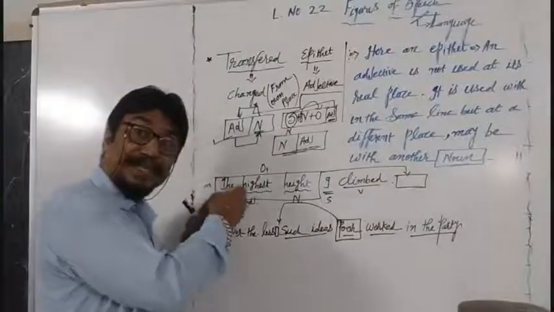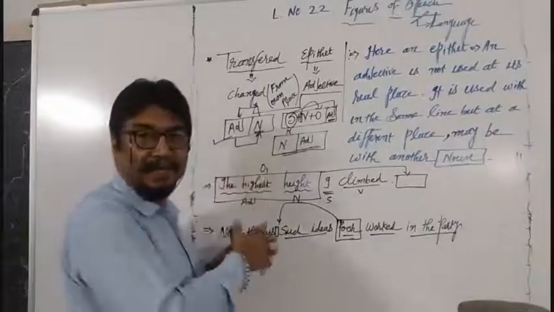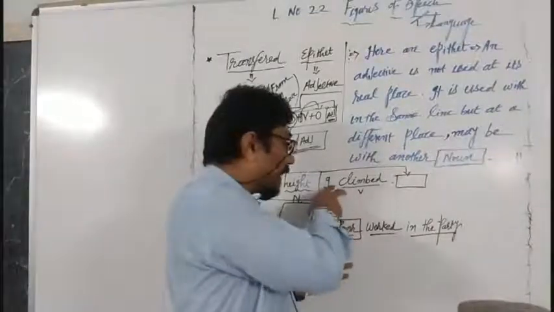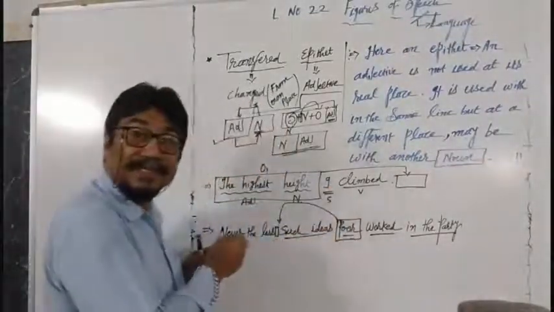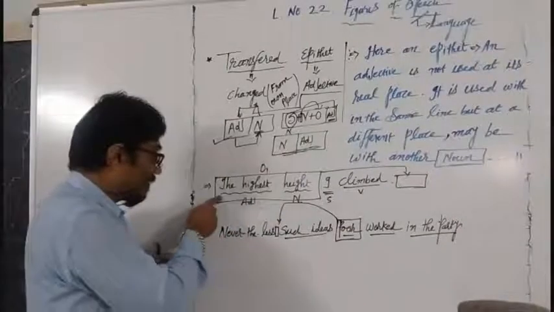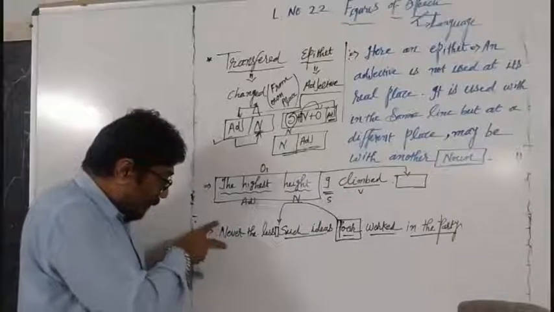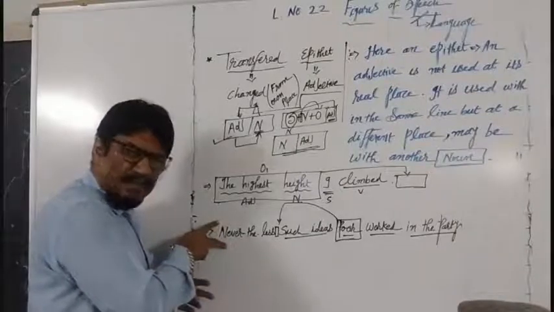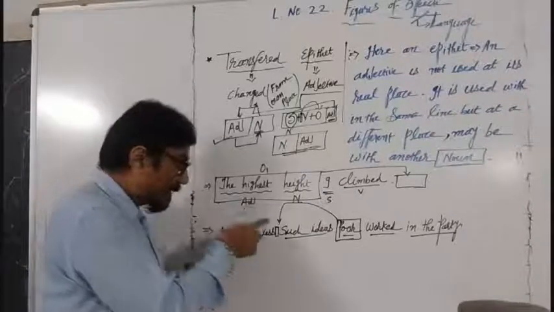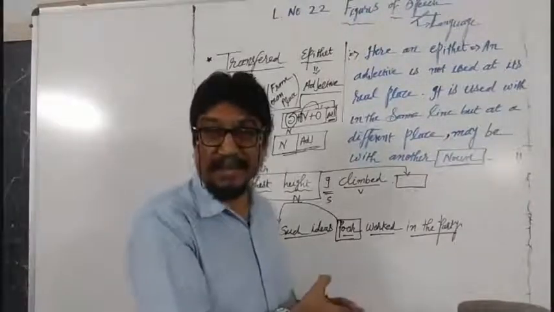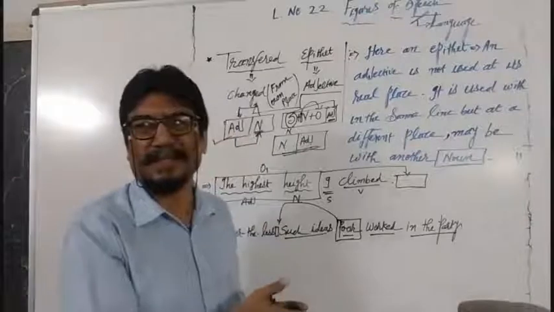I want to concentrate here on the highest height. I don't want to concentrate here on I. I want to concentrate on the highest height. Here, nevertheless, such poor ideas.